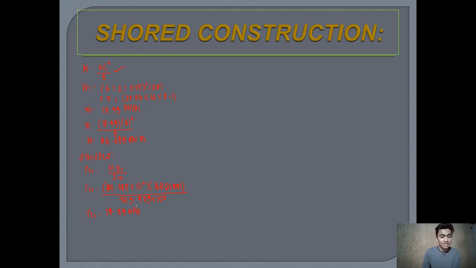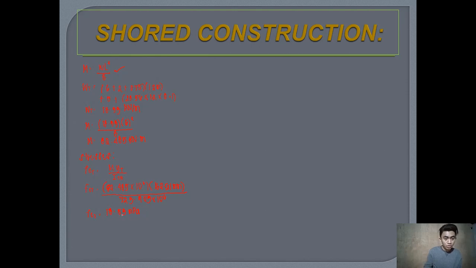For the stress at the topmost part of a composite beam, what are we going to do? We are going to divide the value by the modular ratio. Take note, this is the stress transformed at the topmost part of our composite beam.